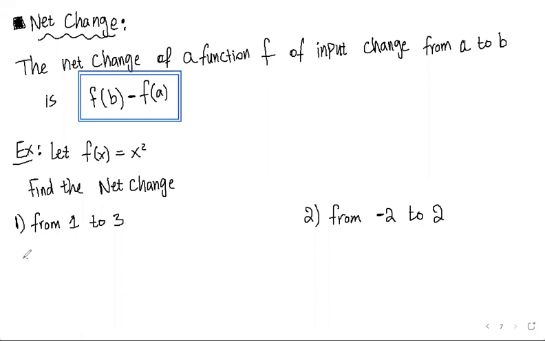It's 3 squared minus 1 squared. Perfect. So the net change equals f of 3 minus f of 1. f of 3 is 9, minus 1, because 3 squared is 9 and 1 squared is 1. That gives me 8.